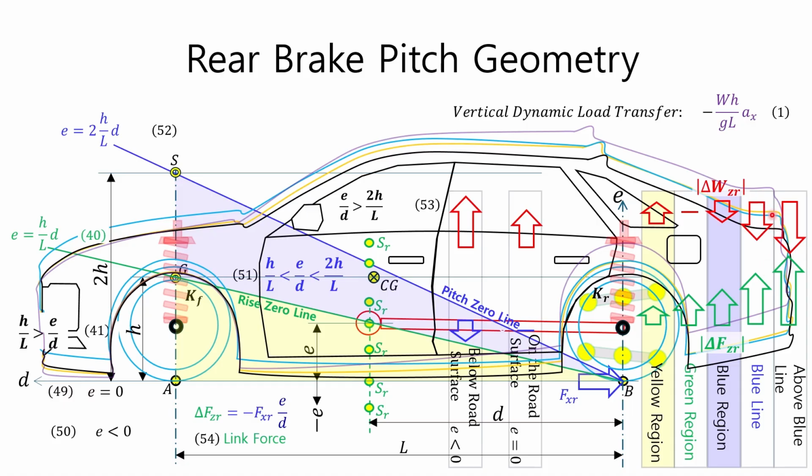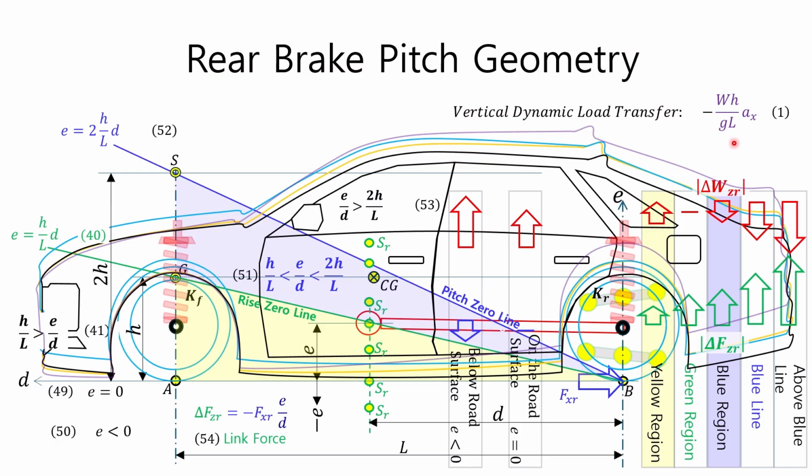This force is equal in magnitude to the vertical dynamic load transfer amount in terms of absolute value. Delta FZR acts in the direction of tensioning the suspension links. In this case, the force, delta FZR, becomes twice the absolute value of the vehicle's total vertical dynamic load.